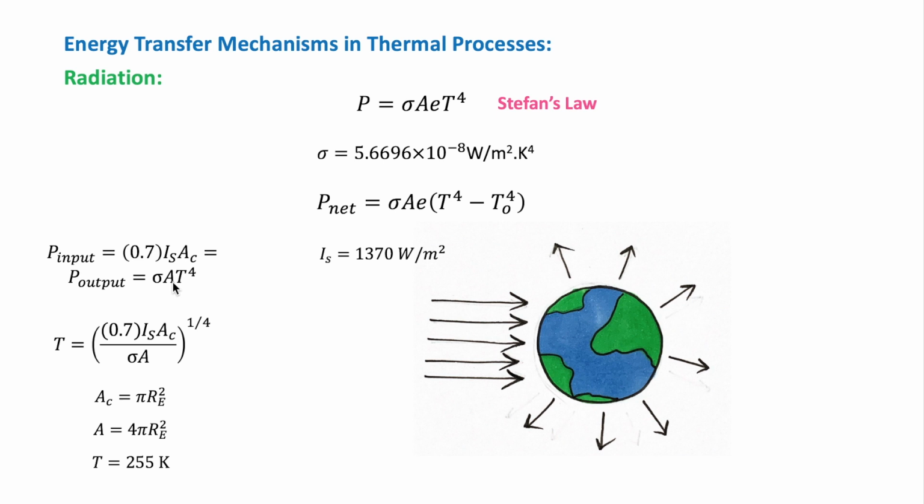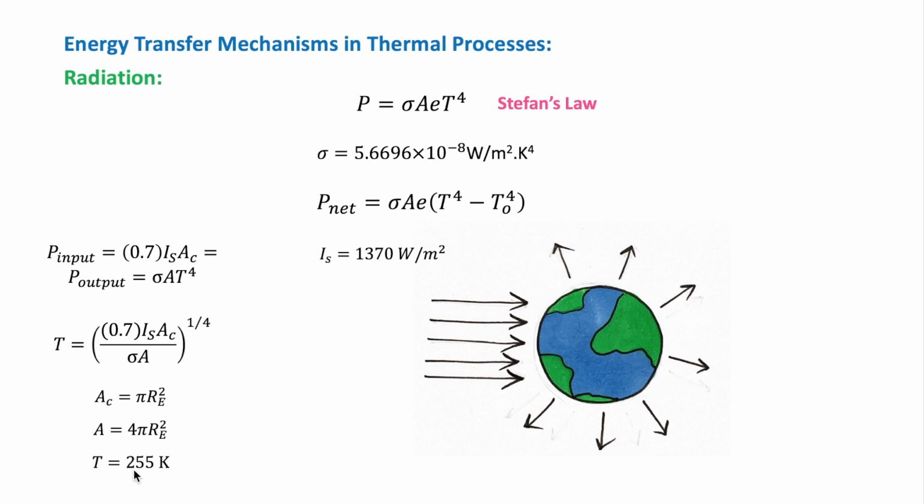From this we can calculate the temperature of the Earth's surface, where A here is equal to 4π times the radius of the Earth squared, and this gives a temperature of 255 kelvins, which is the average global temperature of the Earth's surface.